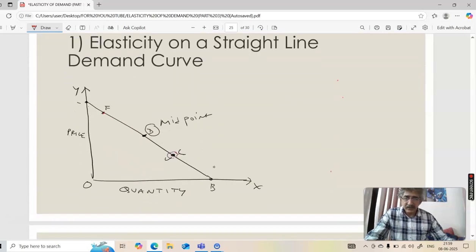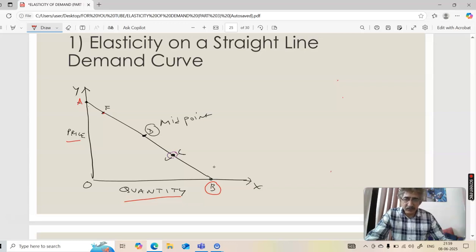Suppose here you can see the YOX axis, price on the Y axis, quantity on the X axis, and here's your demand curve. Now I have marked some points over here. Here's point A, the Y intercept, and B is the X intercept, meaning the point at which the demand curve is cutting the x-axis is B. These are the two extreme points.